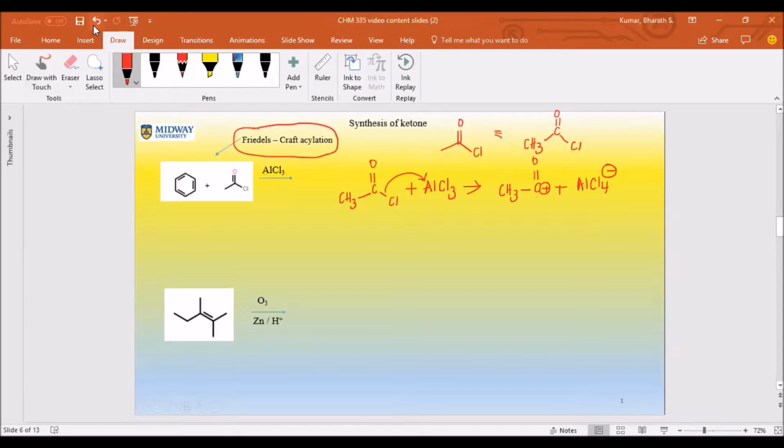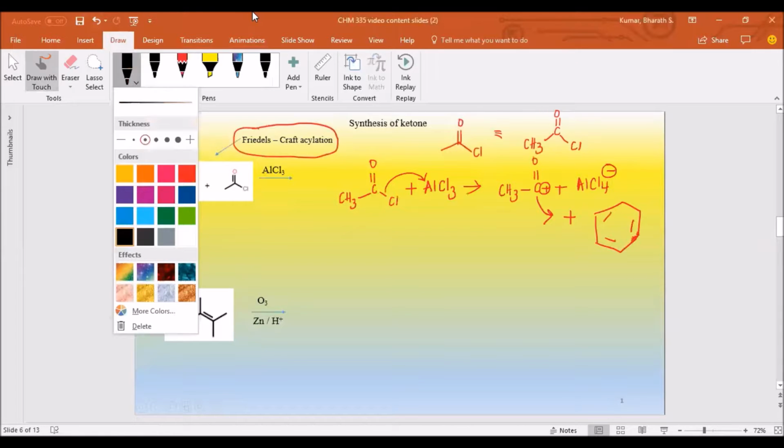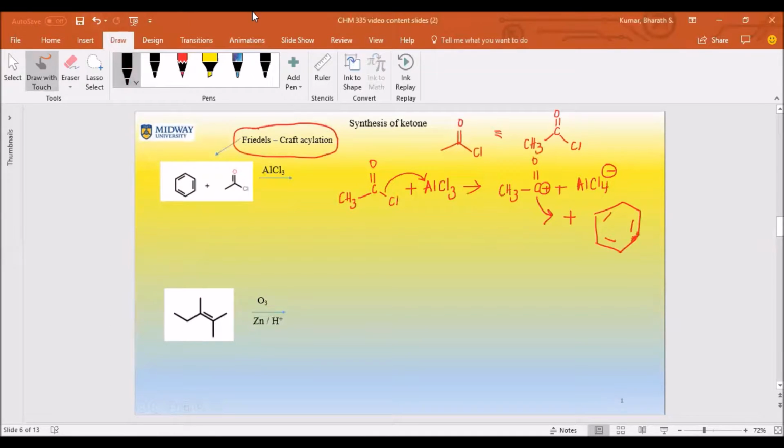This then reacts with the benzene. Again, I don't want to go into the resonance structures of the benzene because I have explained Friedel-Crafts acylation in great detail when we talked about it. So from here, I'm not going to do the whole mechanism, but instead give you the final product.